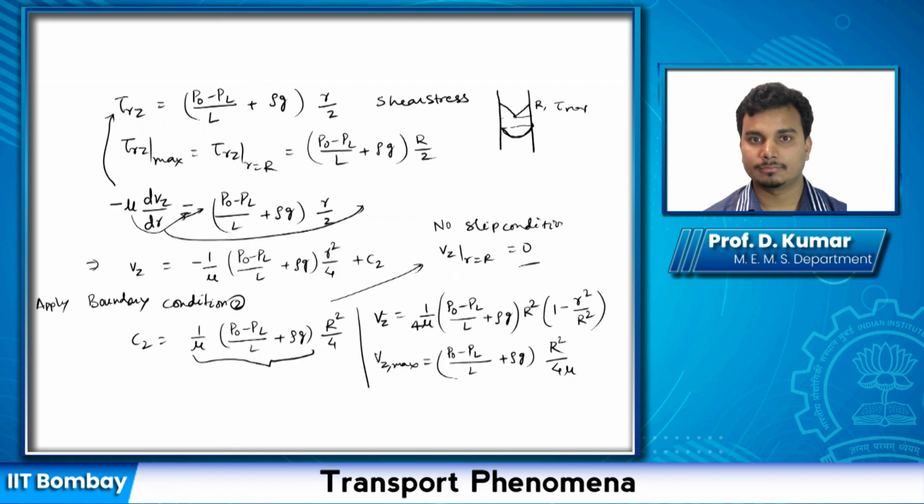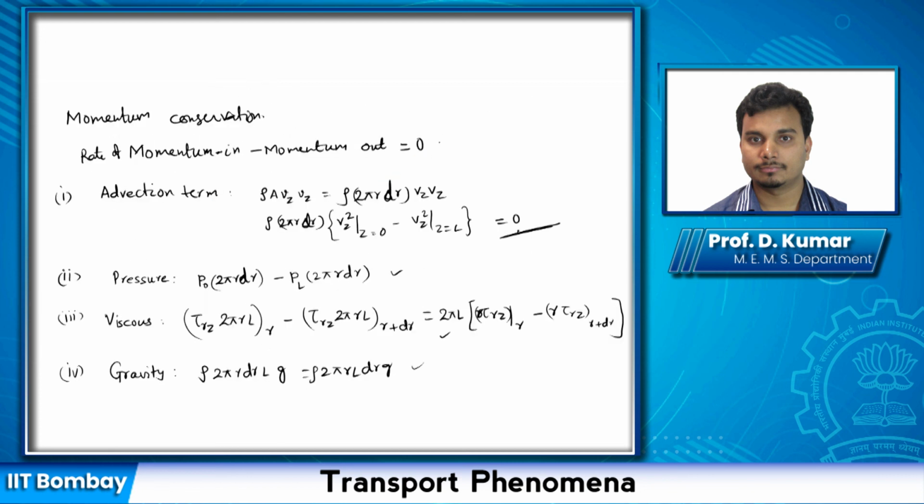You recall we started with the basic equation: rate of momentum in, momentum out. Then the task is to identify the important or relevant terms here, and we found from mass balance that the velocity remains the same, and that was in the flow description as well.